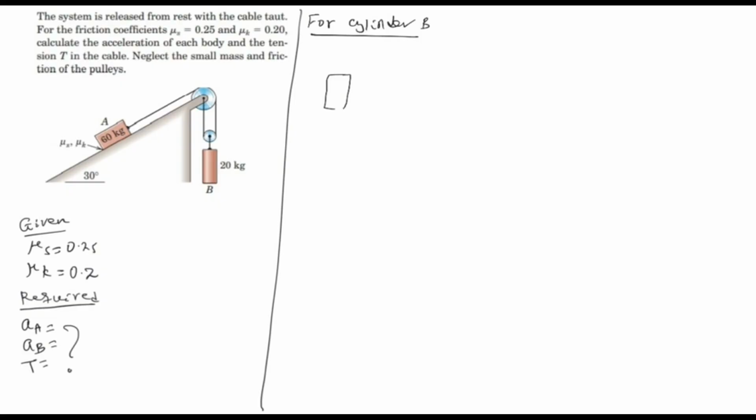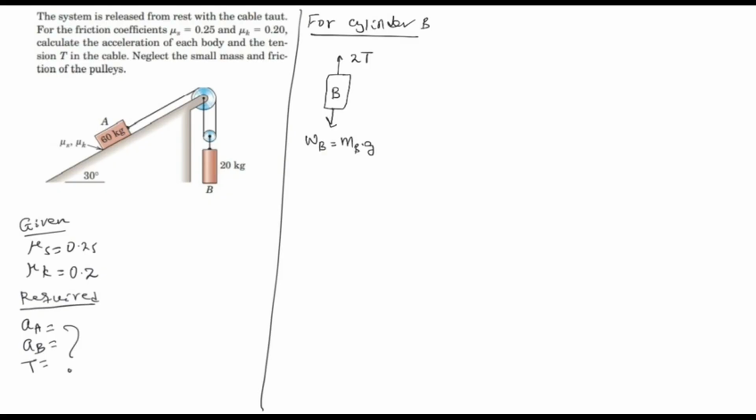This is cylinder B, and it has its own weight. That means the weight of cylinder B equals the mass of B times gravity in the downward direction, and in the upward direction we have two cables, so we'll have 2 times the tension in the upward direction.